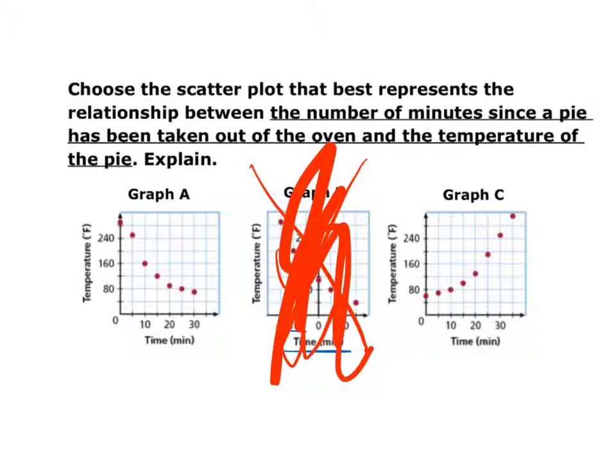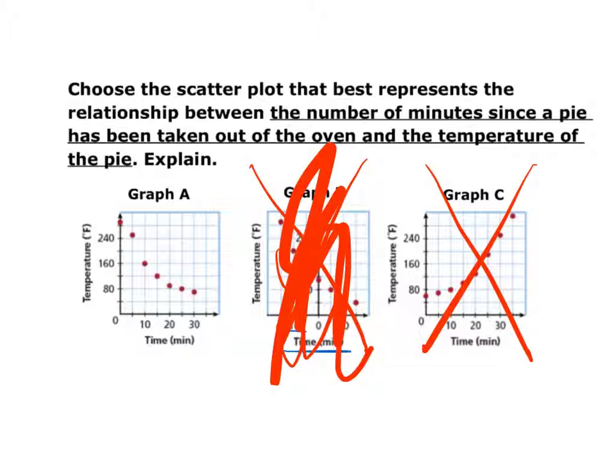And the graph is saying, right after the pie comes out of the oven, it is 75 degrees. That's not right. And then as time increases, the temperature of the pie increases. That doesn't make sense. So Graph C is a no.